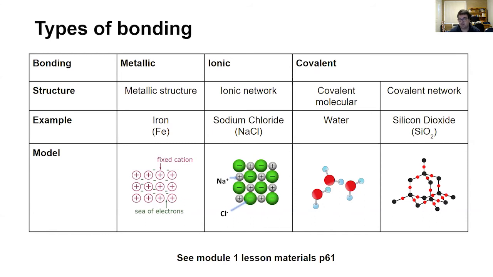Same deal as with mathematics when we say a discrete number, we mean 1, 2, 3, 4. We don't mean 3.5. That's not a discrete number. So discrete particles means we have particles made up of a fixed number of atoms. That's what a covalent molecular substance is.